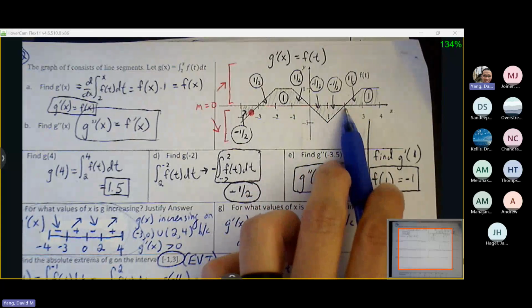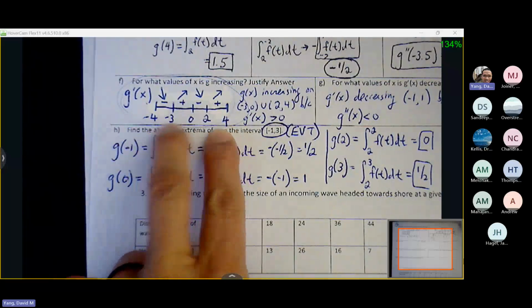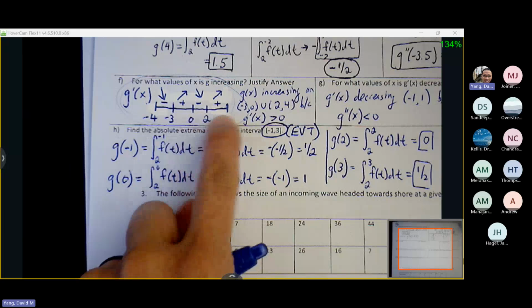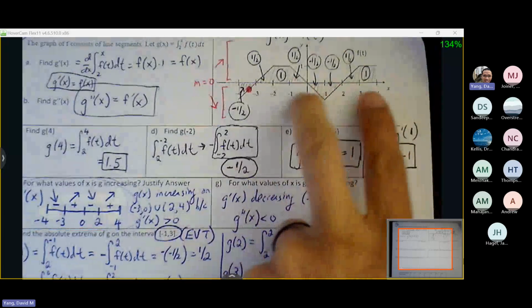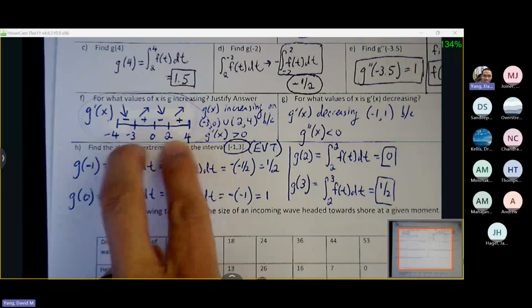Remember, critical points are only going to come from your x-intercepts. So that's how we built our sign line here. We weren't using every integer value, right? We're pulling that from our sign line. These are the only max and mins that we pulled from our sign line.